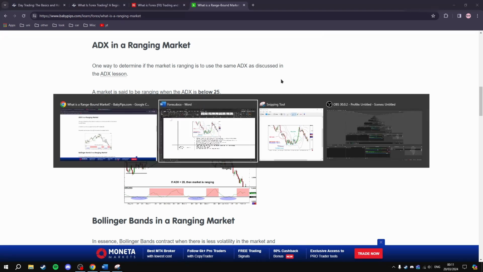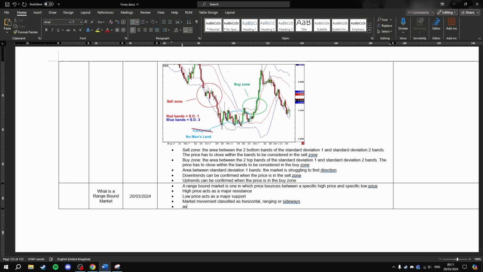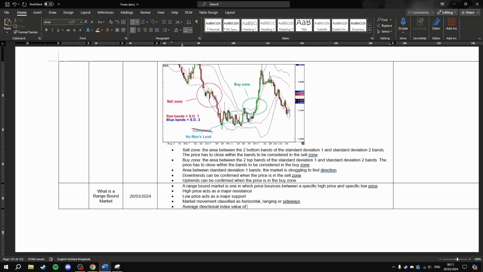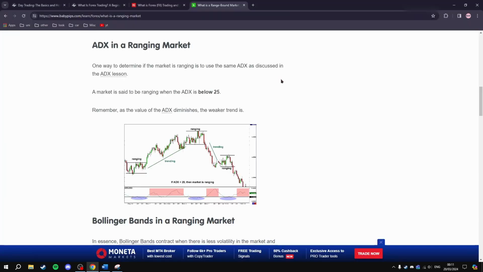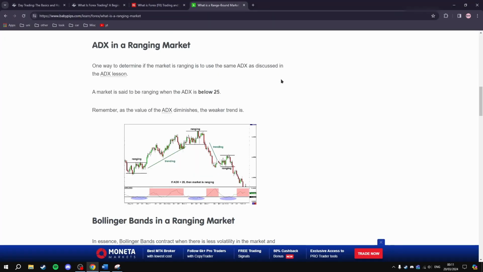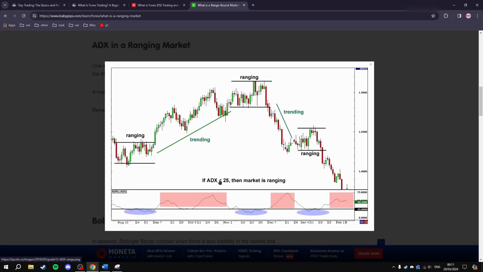So, an average directional index value of less than 25 means the market is ranging.